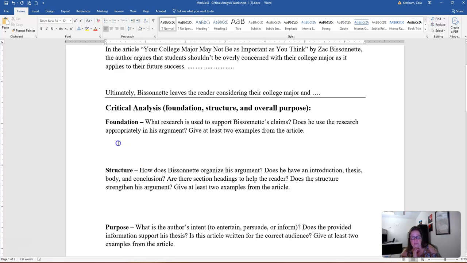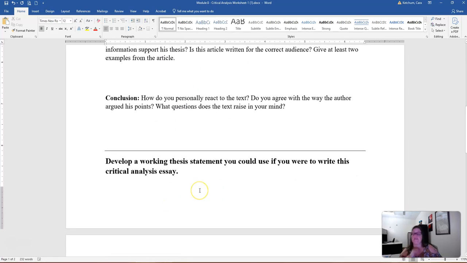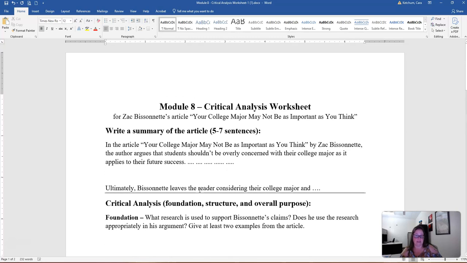Now, when you get to this part, you're probably going to still write about 3 or 4 sentences because you need to answer these questions and then you need to give examples, okay? So consider 4 to 5 sentences for each of these sections as well, and then you have one sentence that is your working thesis statement.